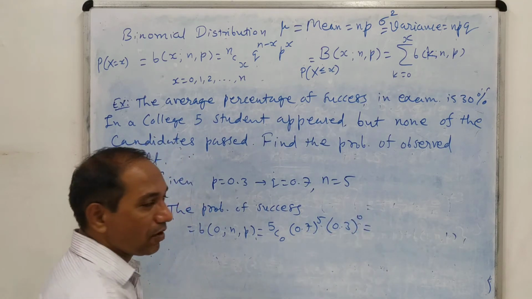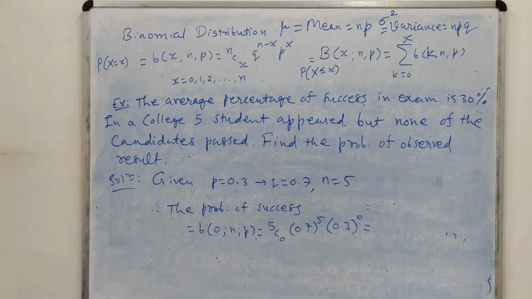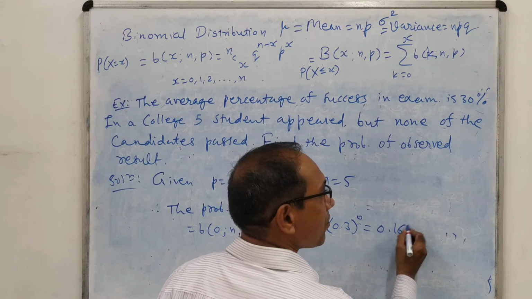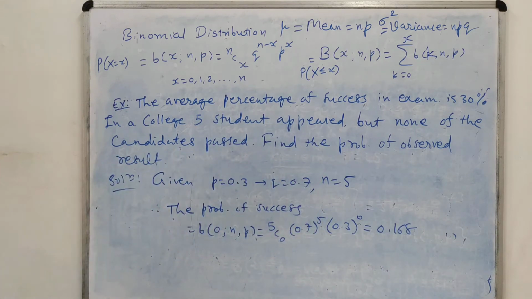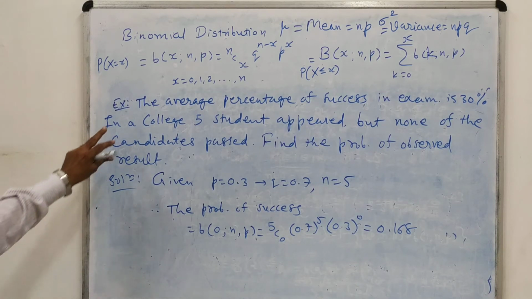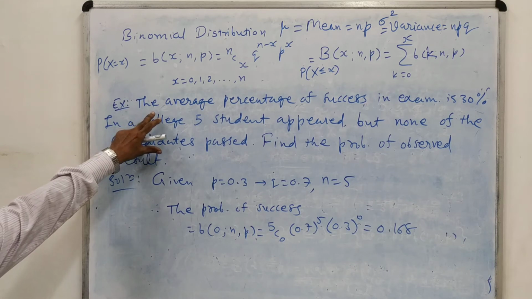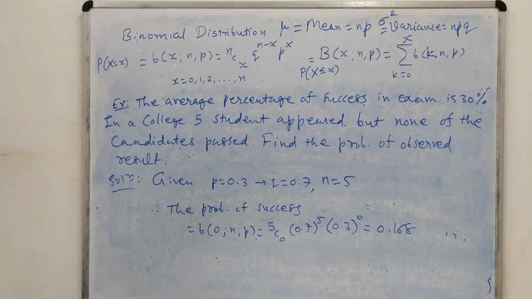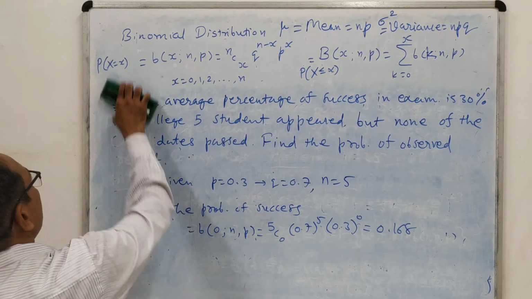So you can find this value directly by using your calculator, and the answer will be 0.168. So you can see that this example is very, very simple. The statement of the example is lengthy, but the solution is very simple. Nothing is new, nothing is difficult, nothing is hard.